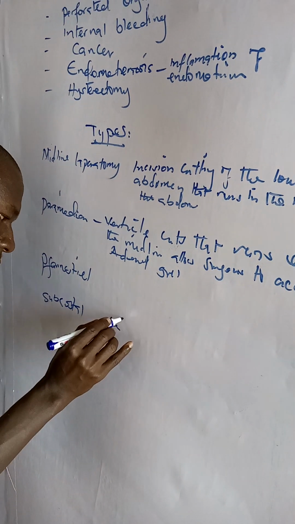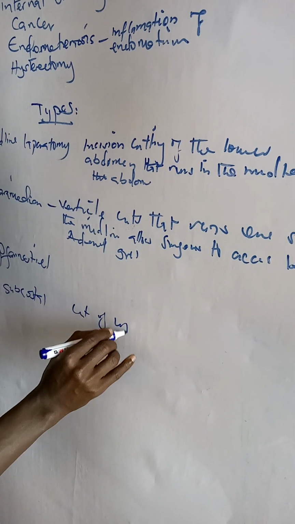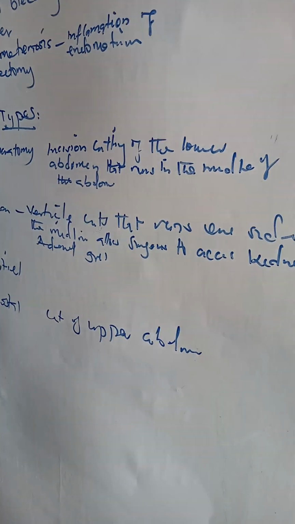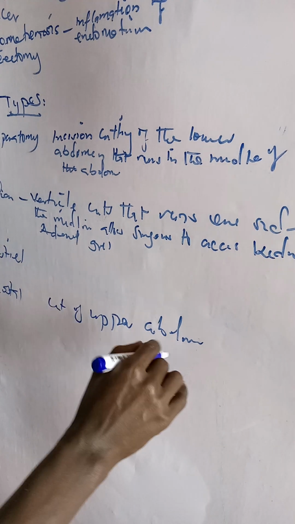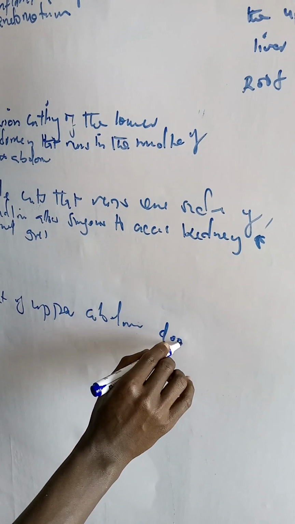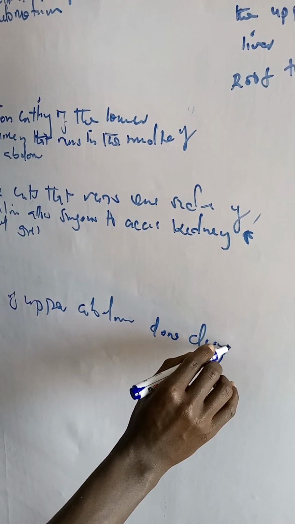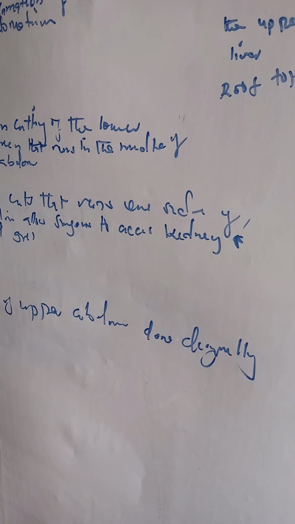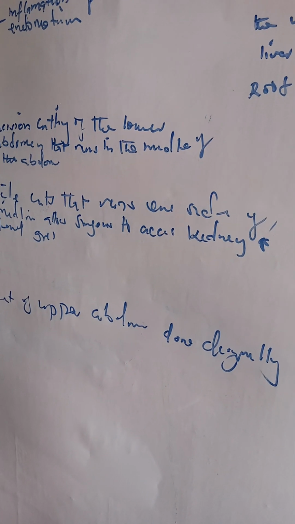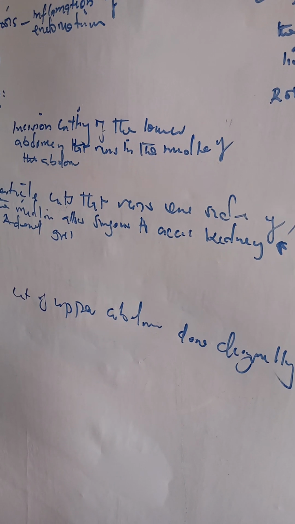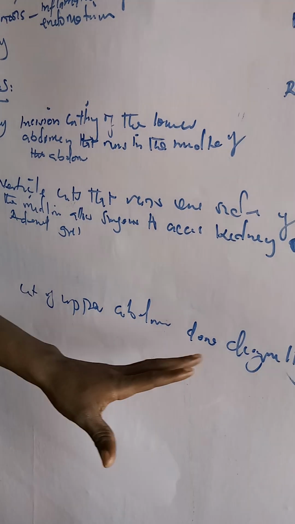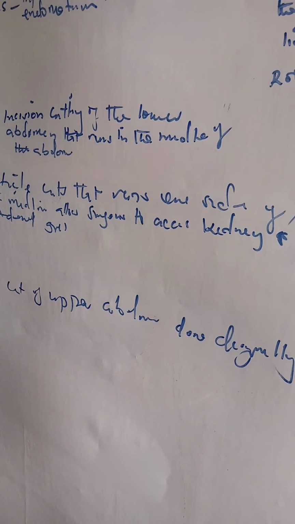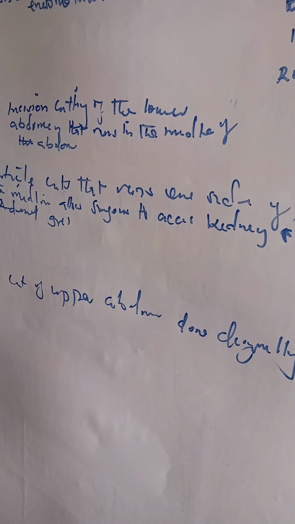This is a cut of the upper abdomen which is done diagonally, to access the gallbladder and liver. So when a surgeon wants to access your gallbladder and liver, then they should use subcostal open surgery.